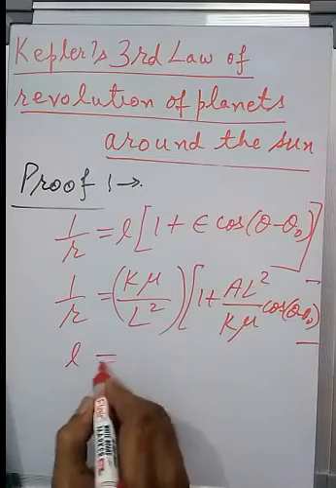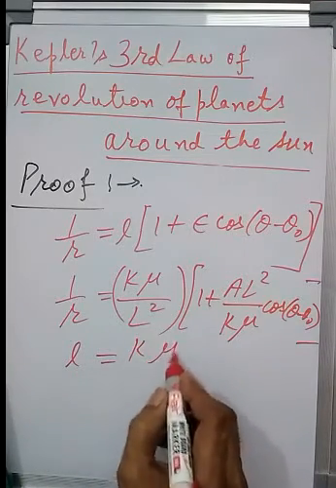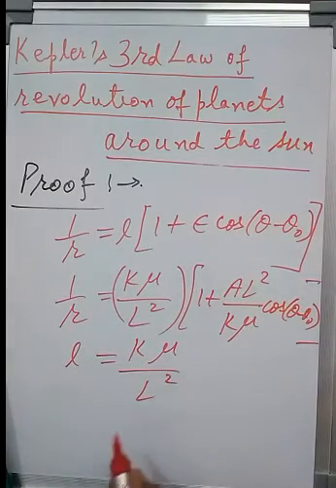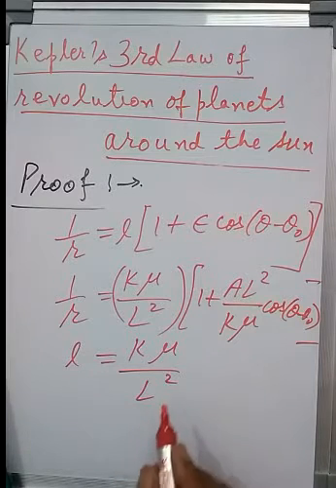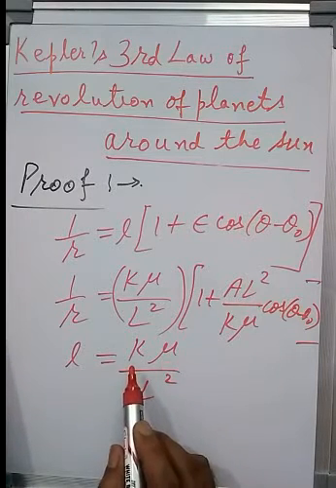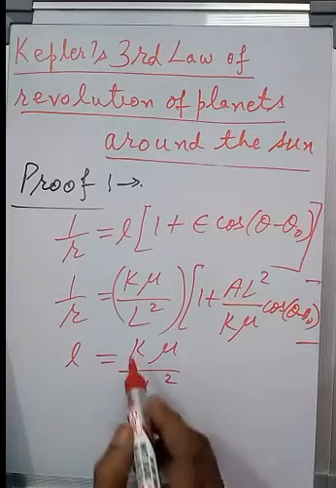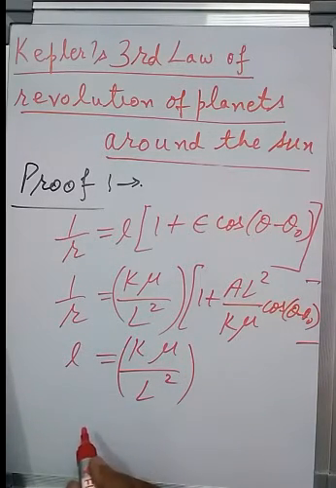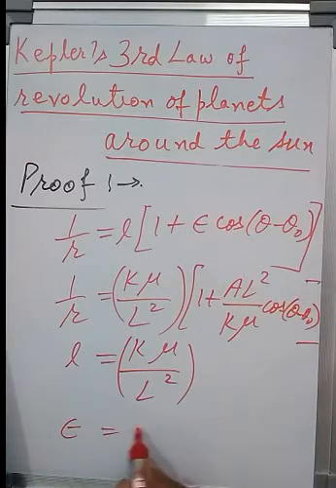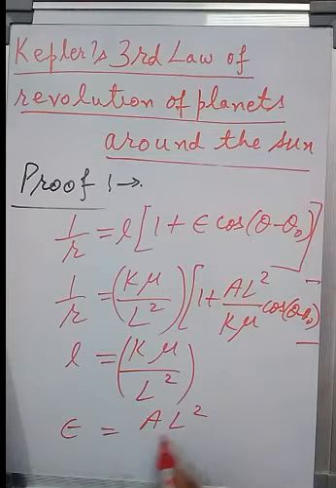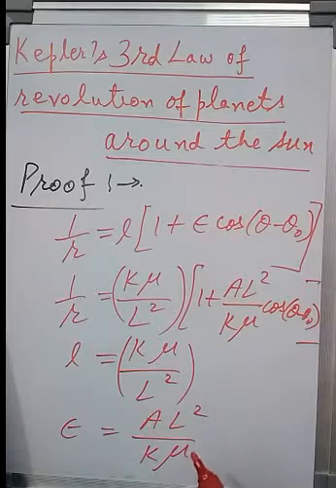Then l can be written equal to K mu upon L squared. Capital L is angular momentum, mu is reduced mass, K is a constant, and so l can be taken as a constant. Similarly, eccentricity is A L squared upon K mu, where A is the constant of integration obtained while solving the differential equation for motion under central force. Rest everything is a constant.